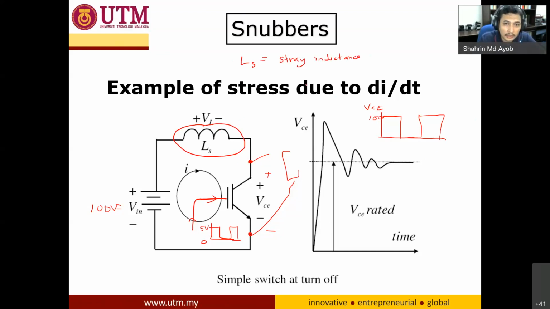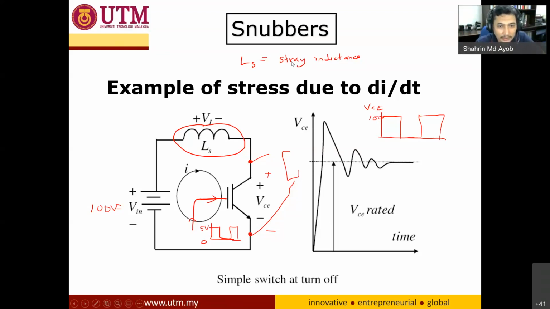This stray inductance can easily be created due to improper wiring. For example, if you have a lot of cables, jumper wires here and there, tangled up, it will accidentally create this inductance. This is what we call stray inductance.